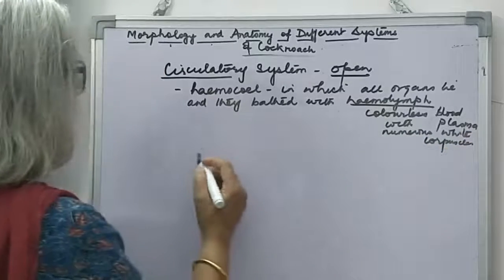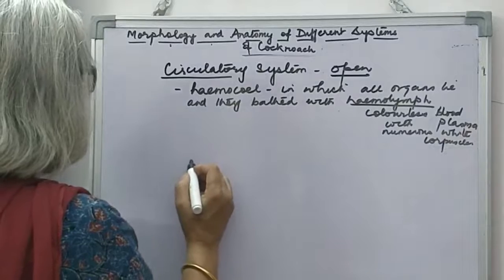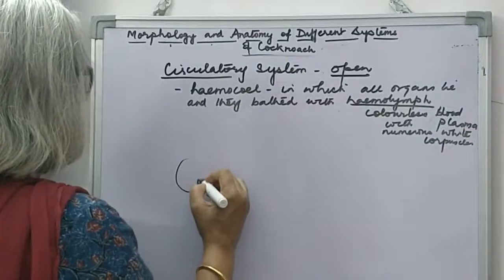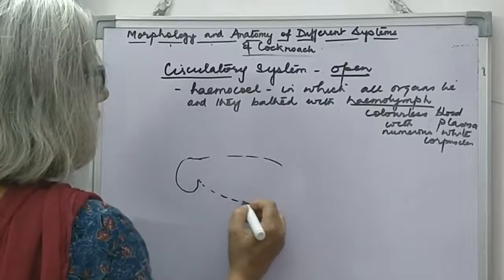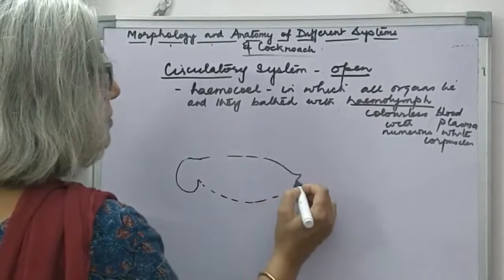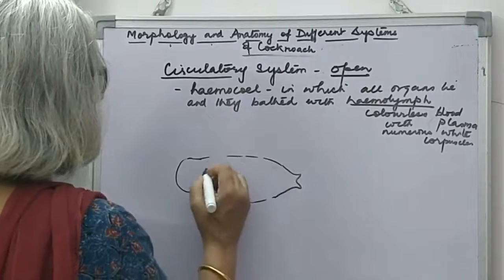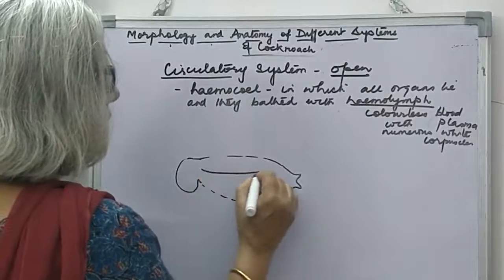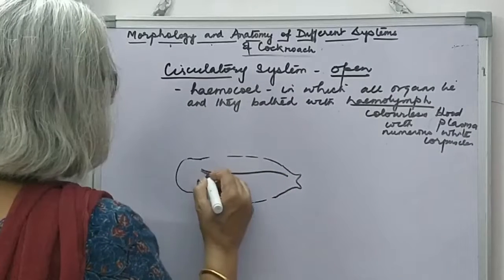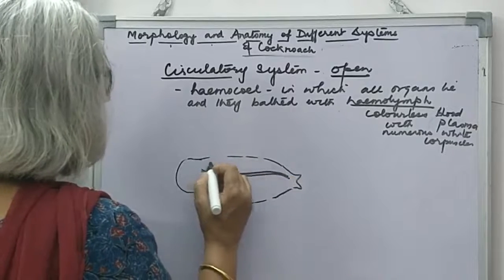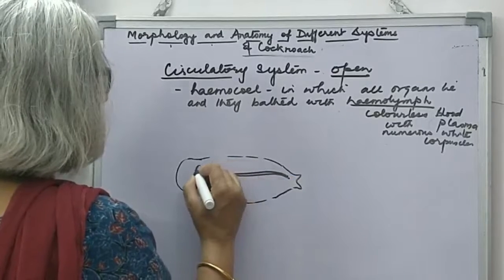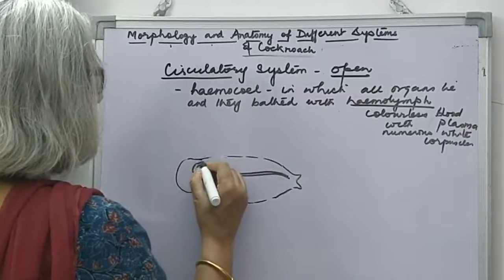Now, if we see the structure or the diagram of the circulatory system, this is the body of the cockroach. This is the dorsal aorta, the diaphragm, alary muscles attached, and this is the anterior aorta.